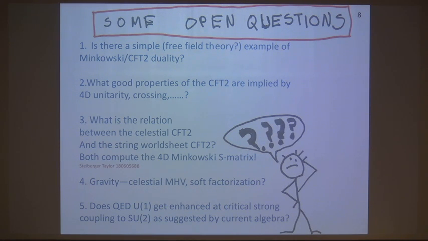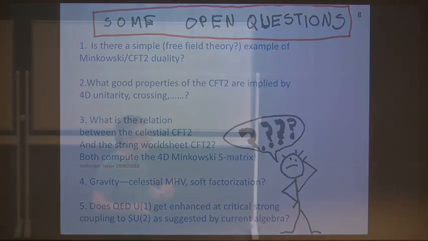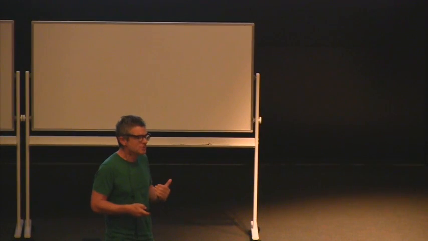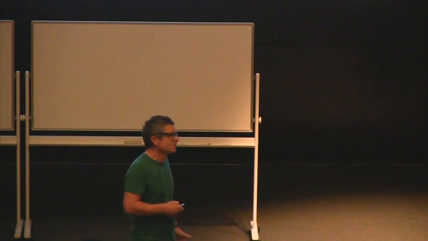This statement may have a familiar ring to it because, after all, the string world sheet is a two-dimensional CFT which computes the S matrix for a 4D quantum theory of gravity if it's a compactification to 4 dimensions. And so there must be some kind of relation between them.